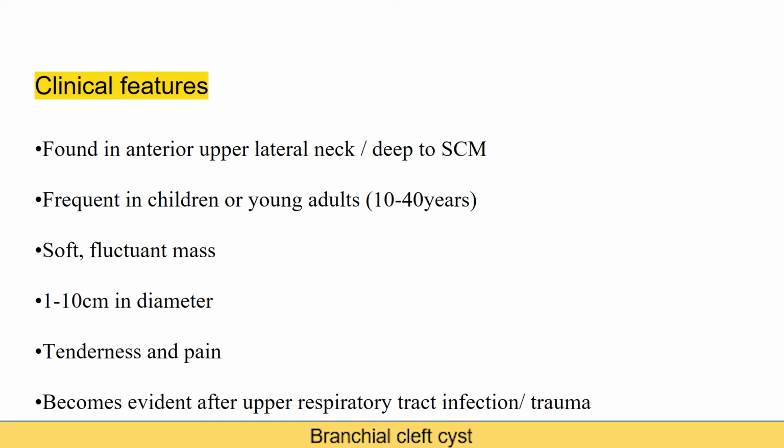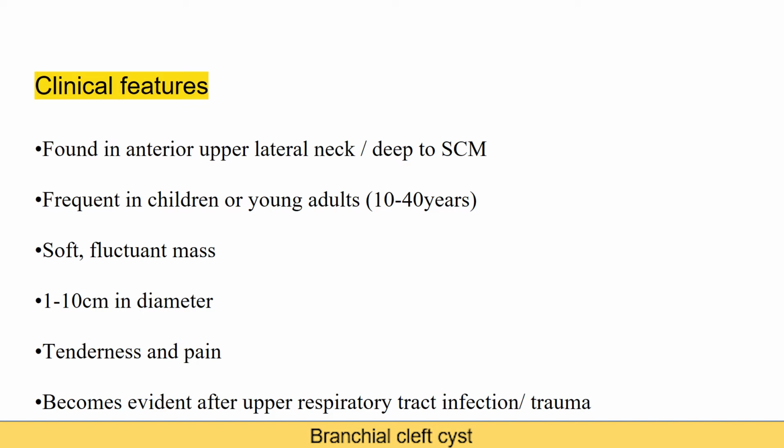In the clinical features, it is normally found in the anterior upper lateral neck or deep to the sternocleidomastoid muscle. It is frequent in children or young adults, aged between 10 to 40 years old. It appears as a soft or fluctuant mass, and the diameter ranges from 1 to 10 cm.